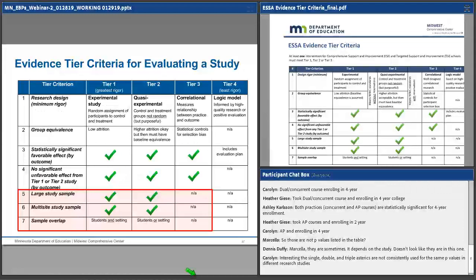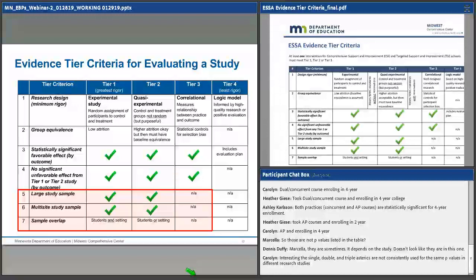All right. Great. So I'm going to go over criteria 5, 6, and 7 now, and then we'll get into the actual online resources after that. These are pretty straightforward.